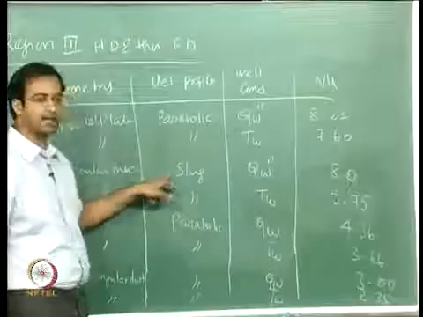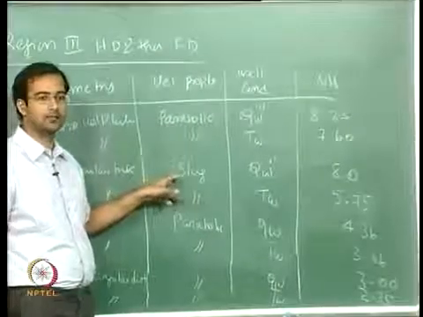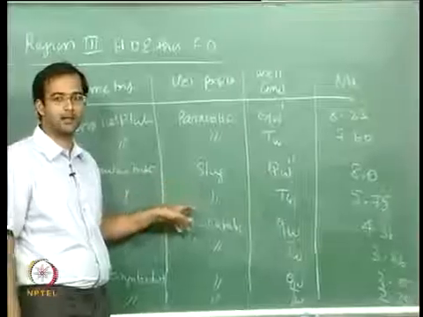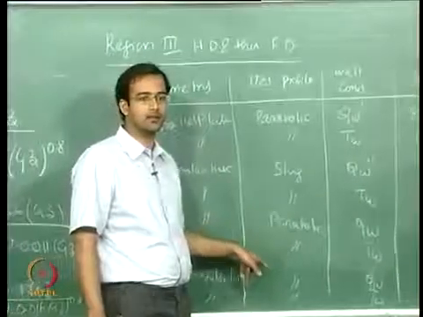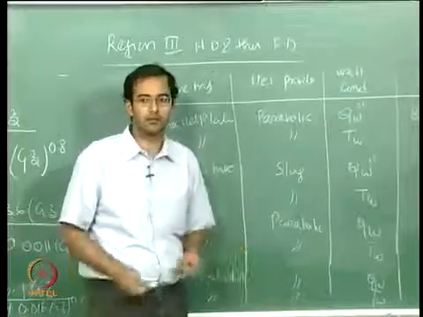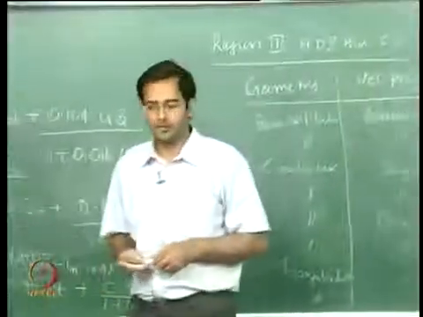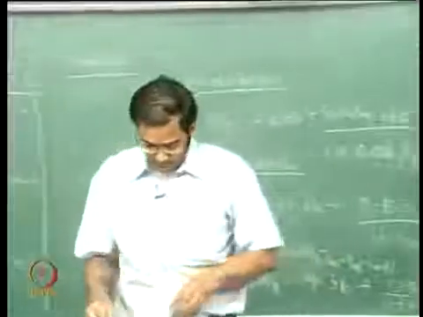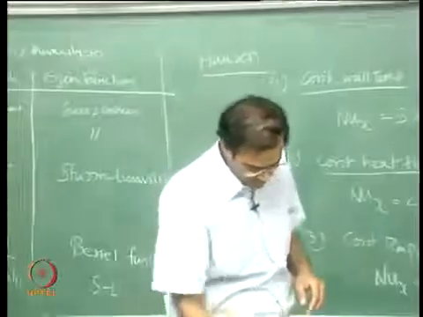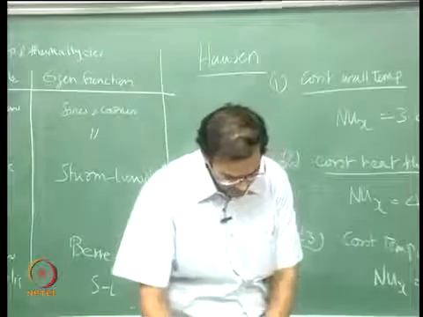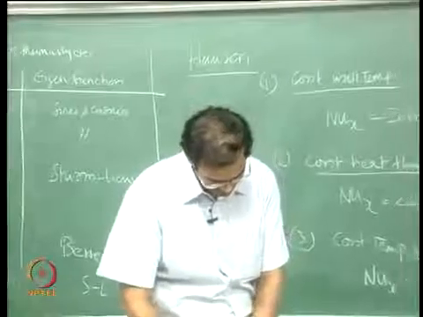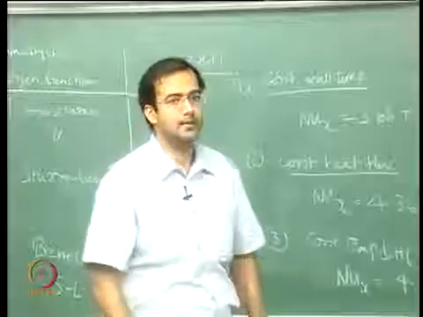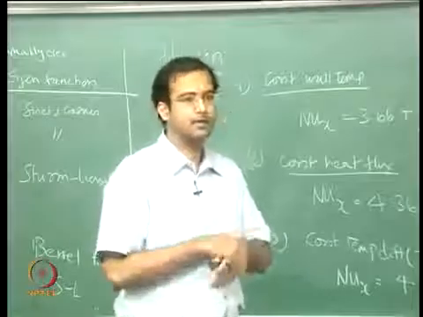Your slug flow always has the highest Nusselt number rather than parabolic flow, and your triangular cross section or non-circular cross sections will have lower values of Nusselt numbers, okay. So this is to summarize all the results. So we will stop here, and tomorrow and on Saturday, the last two classes, we will look at the approximate methods, the integral method to solving the thermally developing region.